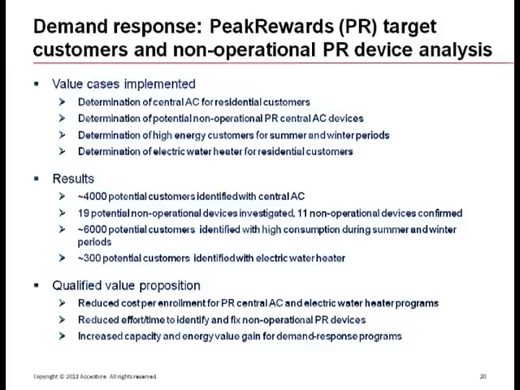So now we do have better insight into which devices are not working, so our field activities are more targeted. And increased capacity and energy value gain for demand response programs by fixing non-operational peak reward devices. So by fixing each device, we get some capacity value and energy value gain. So this is another business value from this.